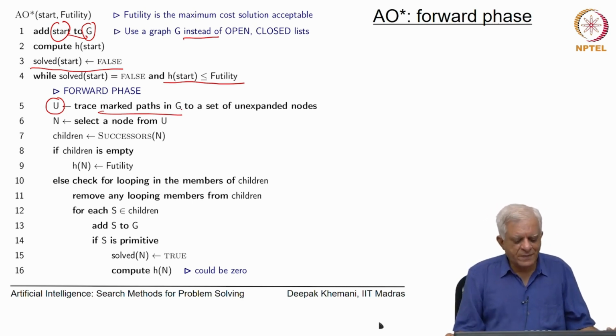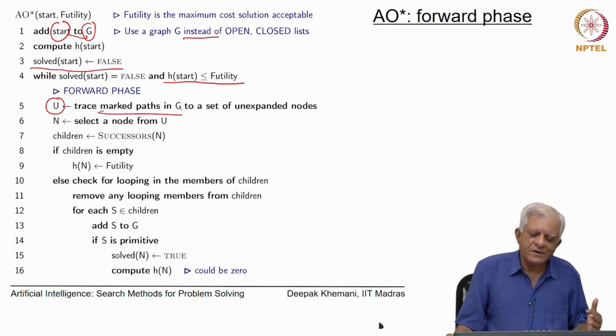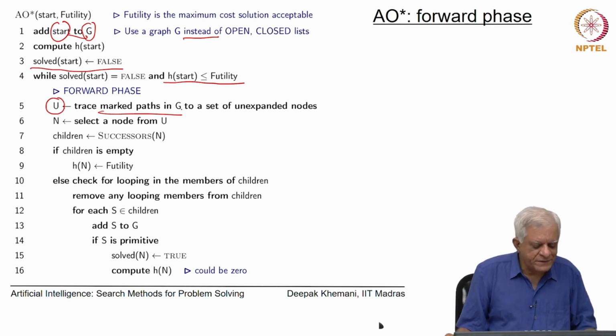So, look at the difficult part of an AND arc first, so that if necessary you will backtrack early and shift your attention to another part of the tree. But of course, if the solution is going to lie along refining that partial solution, then you would have to solve all of them. So, the order would not matter.